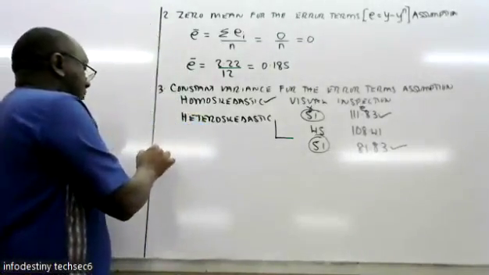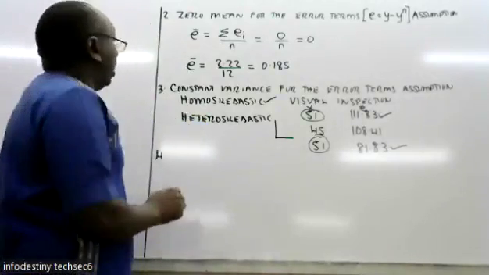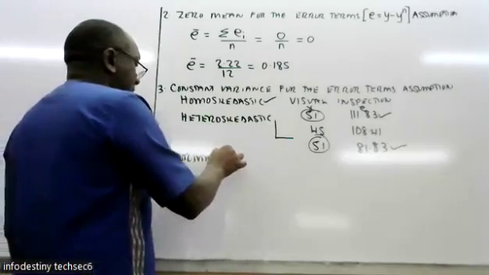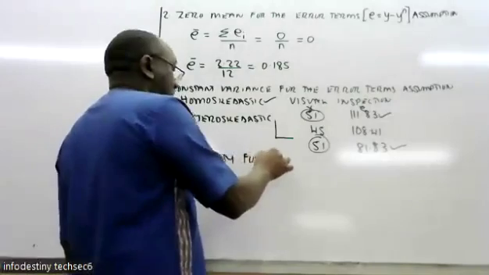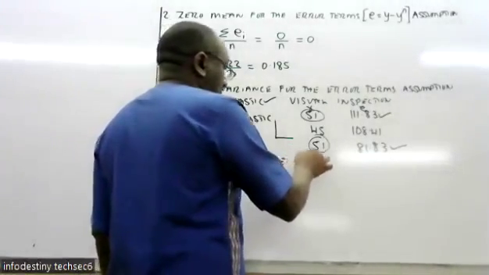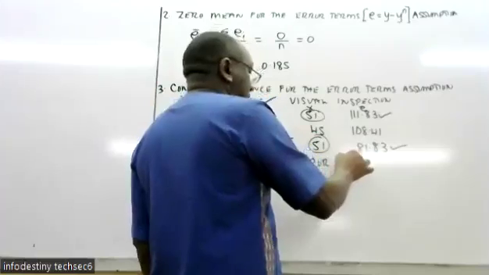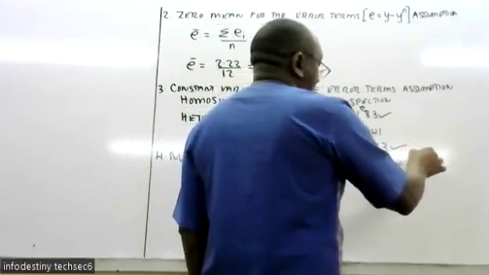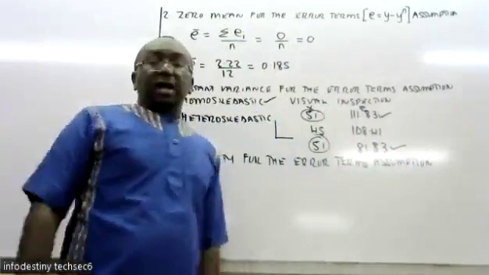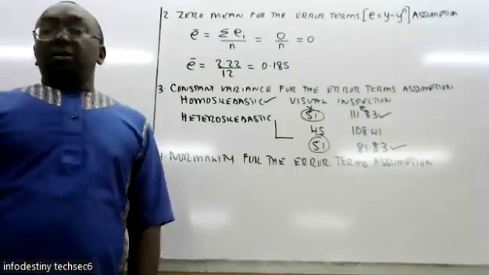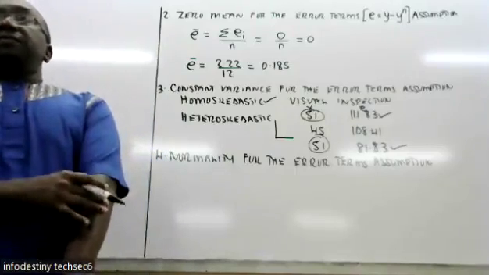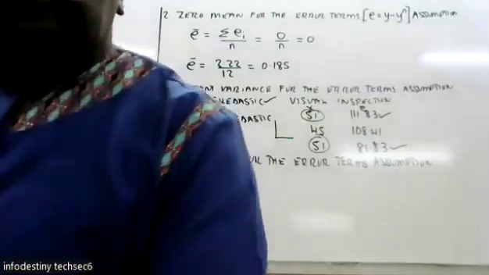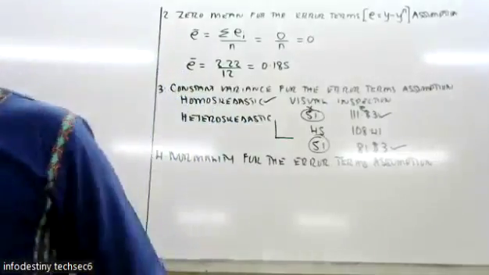Okay, number 4 is normality for the error terms assumption.